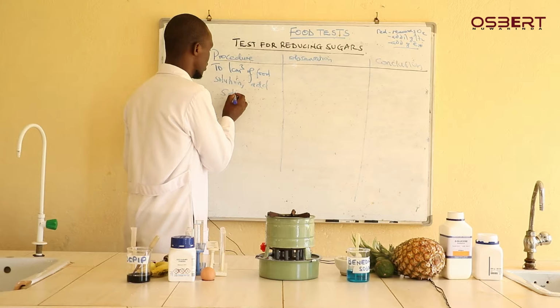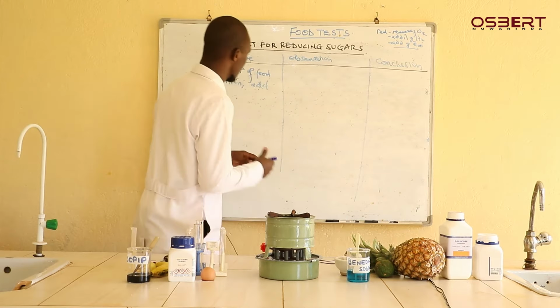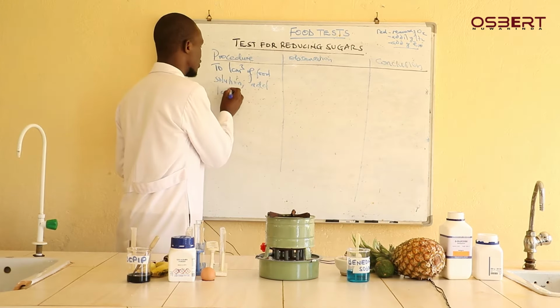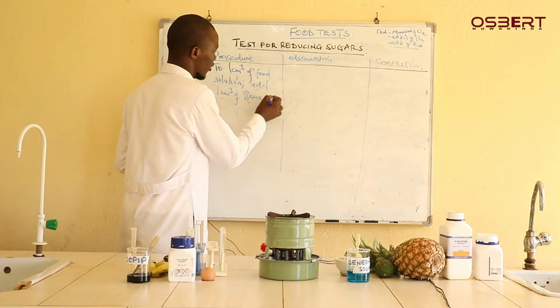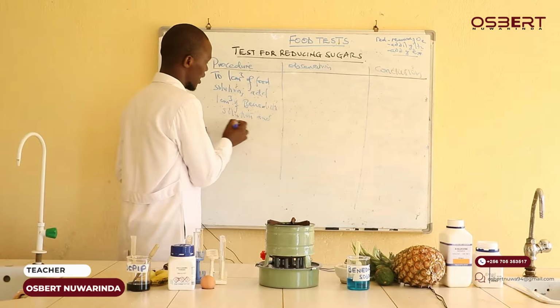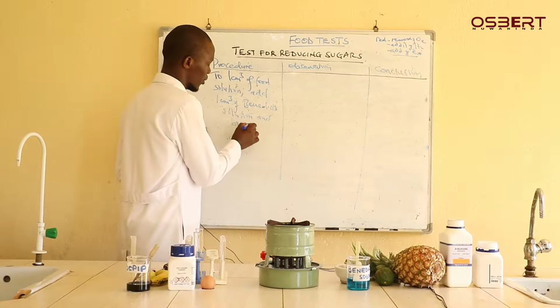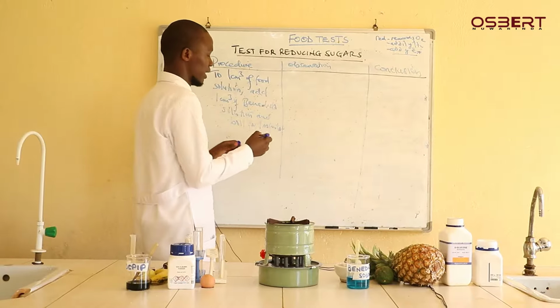To 1 centimeter cubed of the food solution, add 1 centimeter cubed of Benedict's solution, and boil for 1 minute.